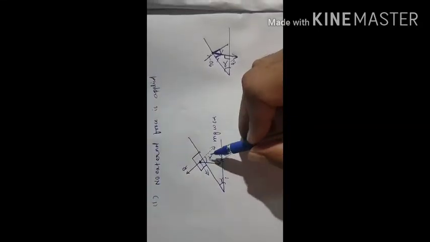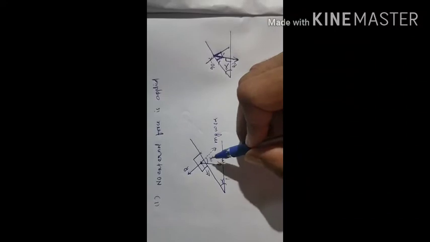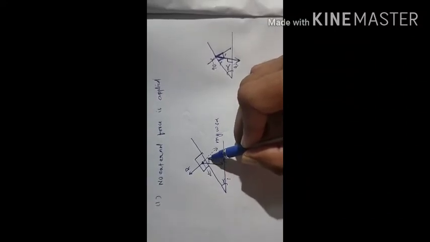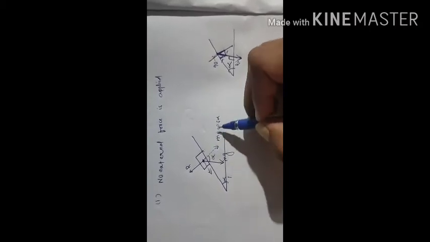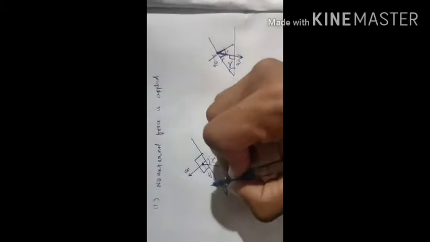So this is alpha. Now mg has two components. Always remember, the side with which the angle is made is the cos alpha term, and the opposite side is the mg sin alpha term. Now we write it in the equation.